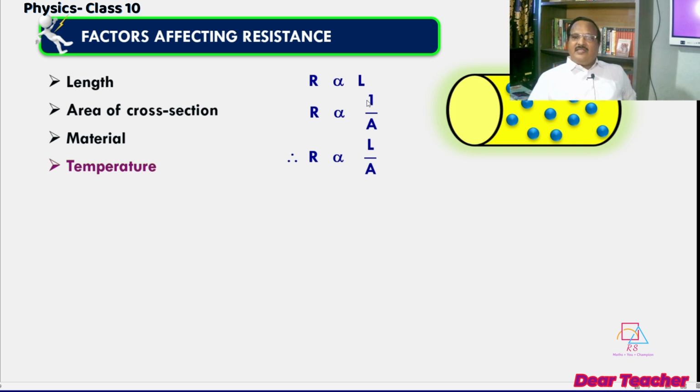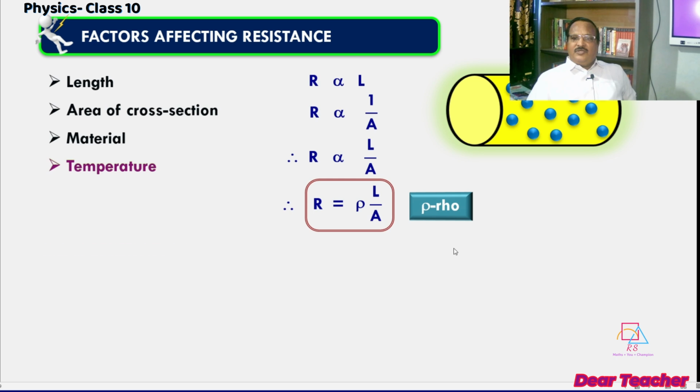When you combine these two relations, R is proportional to L and R is inversely proportional to A, you get R = ρL/A, where the constant of proportionality is rho, known as resistivity, also called specific resistance of the conductor.